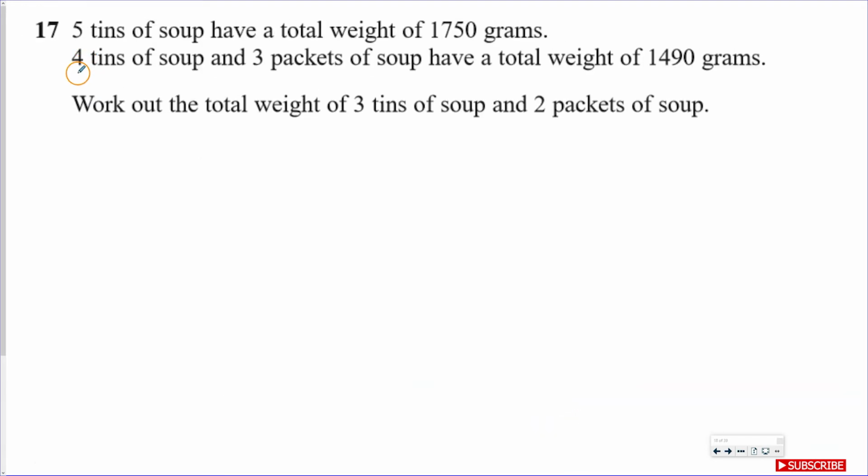So for question 17, then we're told 5 tins of soup have a total weight of 1,750 grams. 4 tins of soup and 3 packets of soup have a total weight of 1,480 grams. And we're asked to work out the total weight of 3 tins of soup and 2 packets of soup.